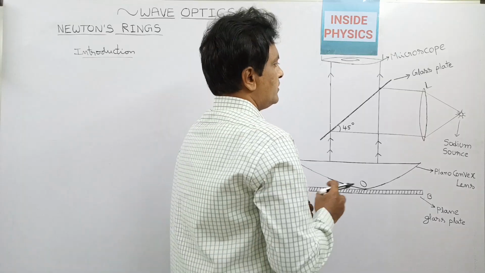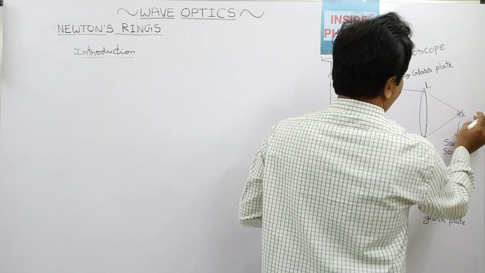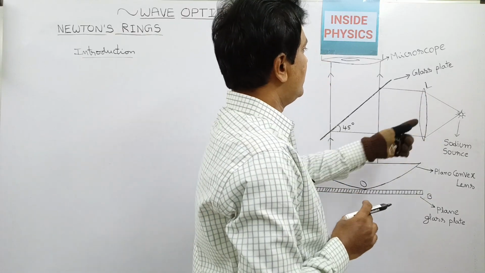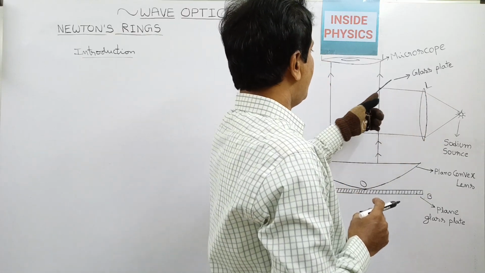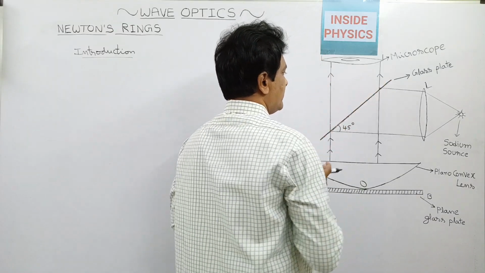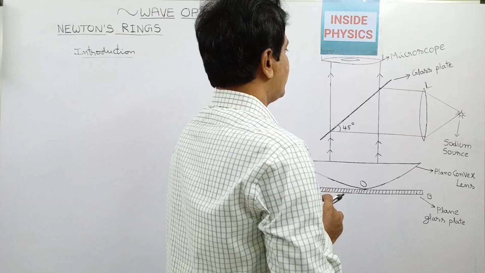This is a sodium vapor lamp, the light source, and this is a lens which creates the parallel rays which fall on the glass plate, which is put at an angle of 45 degrees inclination to the x-axis.